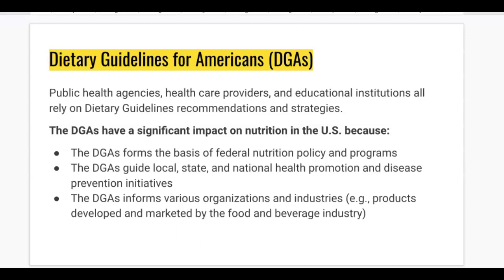So, for instance, I guess the equivalent of a lifestyle behavior would be smoking. So say there was an equivalent of the dietary guidelines for Americans, but for lifestyle behaviors, a behavior guidelines for Americans.